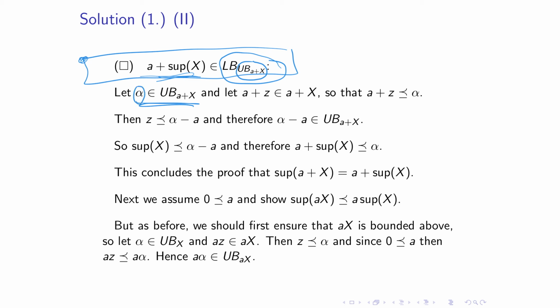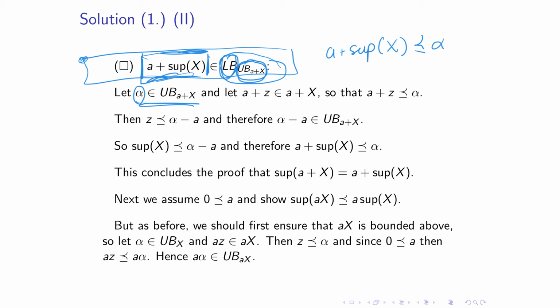So alpha is an upper bound on the set of a plus x. We're trying to show that a plus sup x is a lower bound on the set of upper bounds. So what that means is we need to demonstrate, right? Our goal right now is to demonstrate that a plus sup x precedes alpha. So, okay, how are we going to show that?